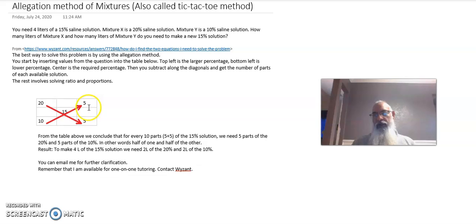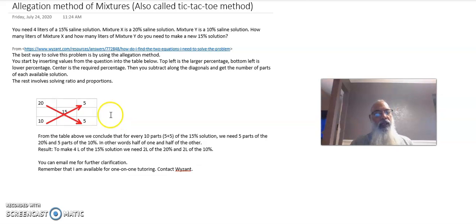It doesn't matter, even if it's that, what you're doing basically is adding these two together to get the total number of parts, and then each of these numbers individually represents the parts of the solution that is in the same row written to the left. So you will come across questions like that also.